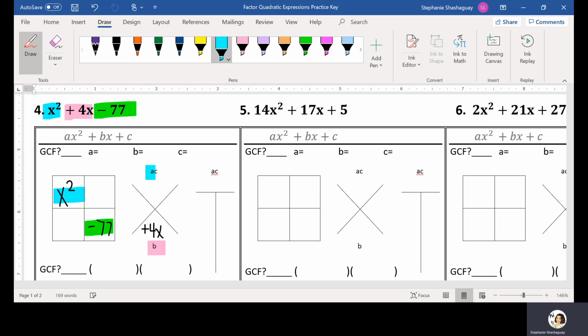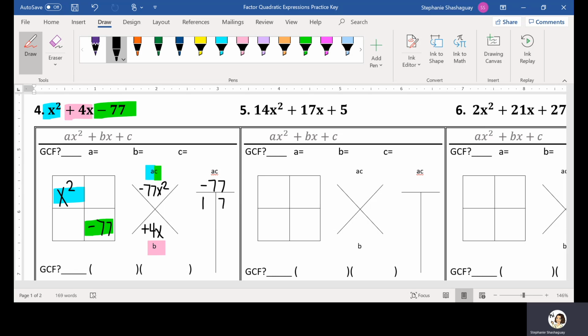So again, I have my A times my C. Well, 1x squared times negative 77 is going to give me a negative 77x squared. So what two numbers multiply to give you negative 77 and add together to give you 4? Well, 77 only has 4 factors.